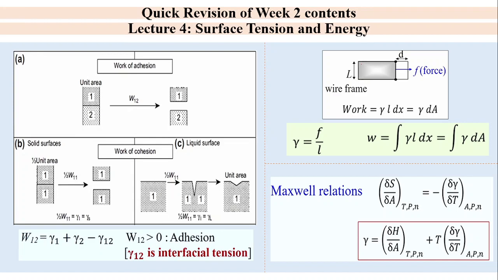Next, we were taught that in case of any soap film experiment, the work is given by force multiplied by distance. Here, force is given as the product of surface tension and length. So, surface tension can be written as force per unit length.